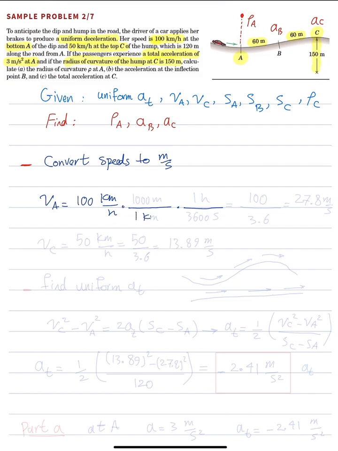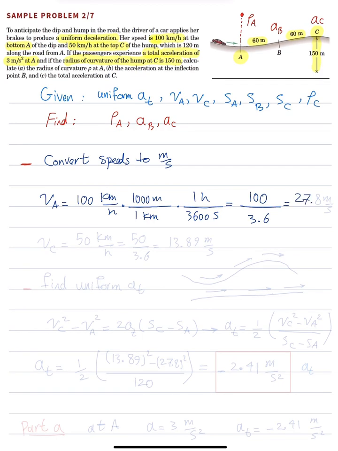First, remember that 1 kilometer has 1,000 meters in it, and 1 hour has 3,600 seconds. So this is the same as just dividing that number by 3.6, and that gives us a speed of 27.8 meters per second.